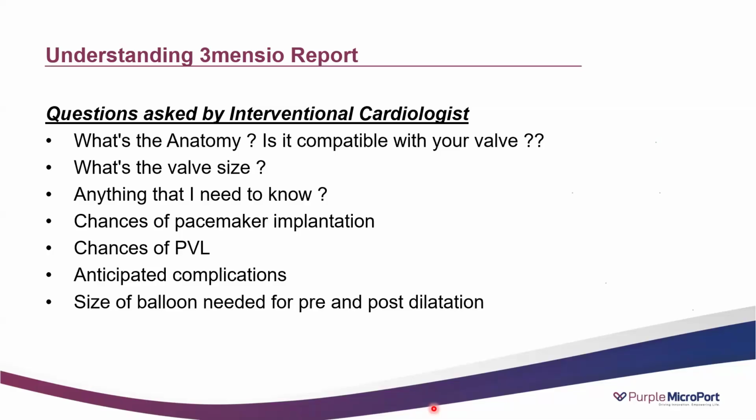For example, if our minimum annulus diameter is 16, the average diameter is 18, and the maximum diameter is 21, then our pre-dilation balloon should be 16 or less than 16, and for post-dilation it has to be the average diameter, like 18. I presume that is right if Rajan also endorses that. Yeah, it is perfect. Thank you, sir.